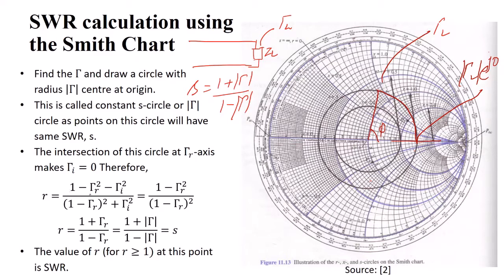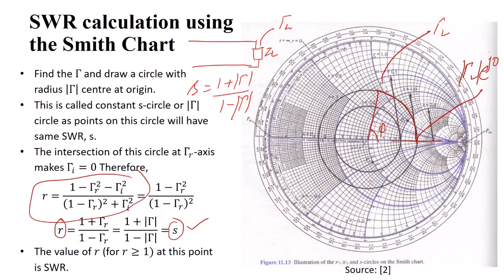And when you put the imaginary part to be zero, the value of R you get is the same as the SWR. You find R using the formula I used earlier in the previous lecture. So R equals this expression, and you put in this point where the reflection coefficient's imaginary part is zero. So the R is the same as this SWR. Once you know the R from here, the same R will be the value of the standing wave ratio.